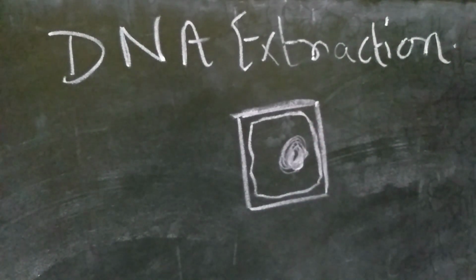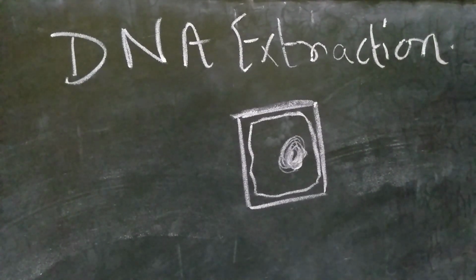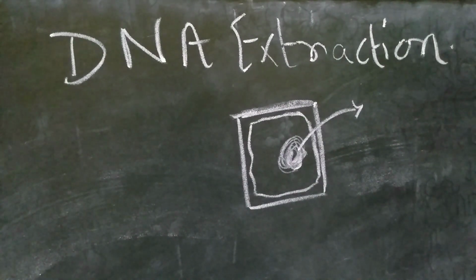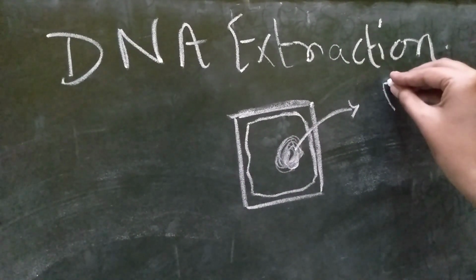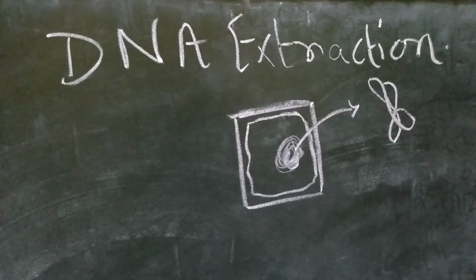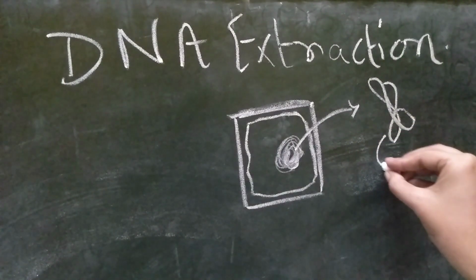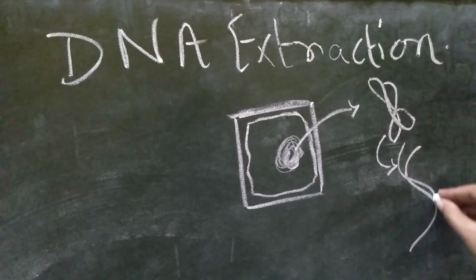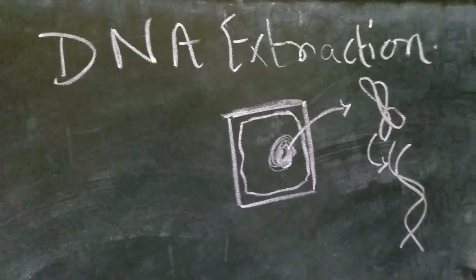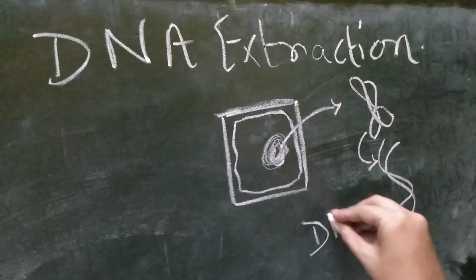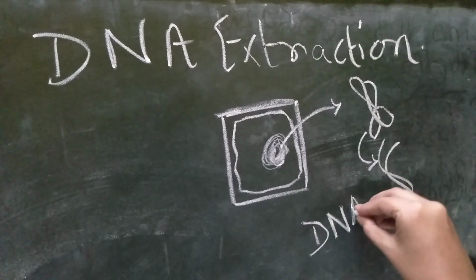If you see the internal structure of this nucleus, you will see X-like chromosome structures, and inside these you will find the double helical DNA structures. Now this DNA we will see in this experiment.